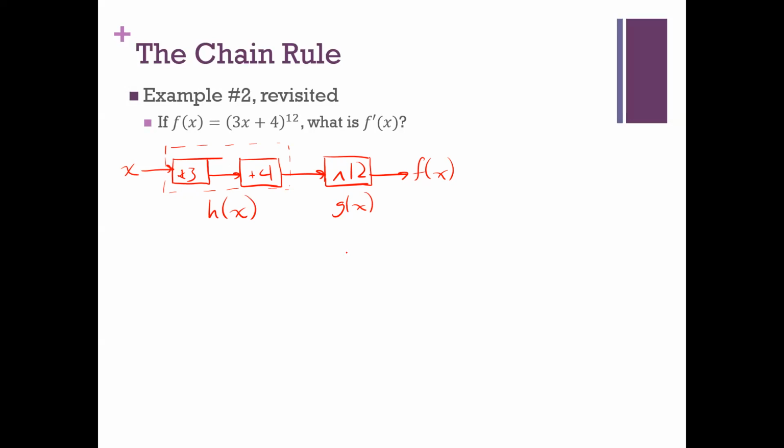So the question I asked just a bit ago is, what is the outermost function? Now that I've written out this block diagram, what I can ask is, what's the last thing that happens to my input en route to that input becoming f of x? What's that last step in this process?